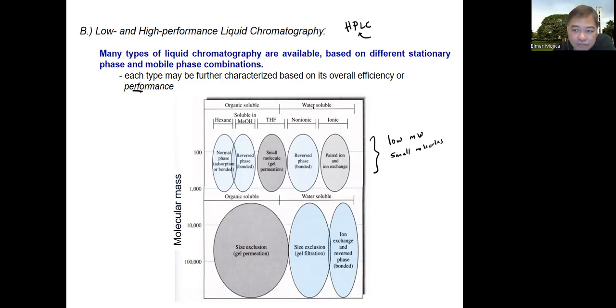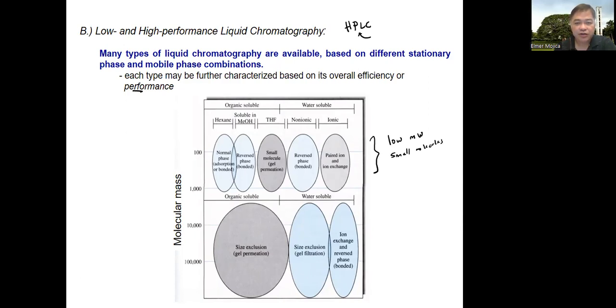Now, if you have a water-soluble compound, if it's non-ionic, you can have the reverse phase. If it's ionic, then you have to use the so-called ion exchange. Now, in big molecules, usually you have size exclusion. One is gel formation and the other one is gel filtration.